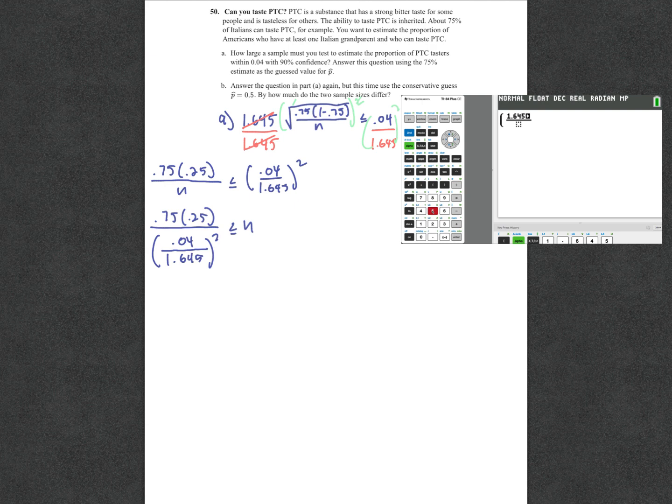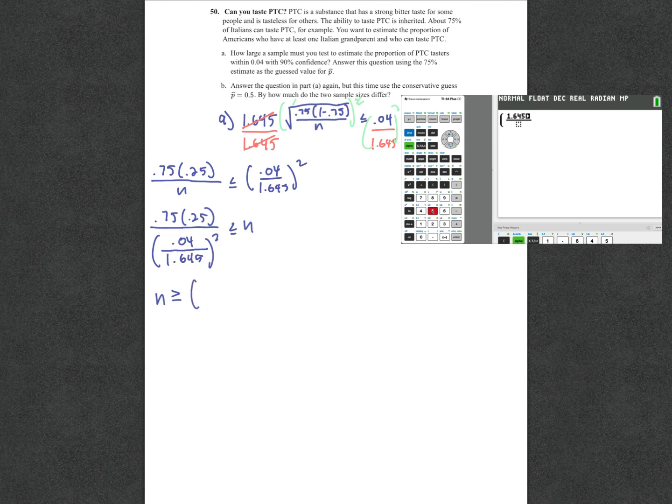And then another way to write this is, there's like not much room. It's so weird, so annoying, but so this is kind of keep, change, flip, where you're dividing by a fraction. I know it's squared, but you're still dividing by a fraction, and you can times by the reciprocal squared also. So first off, I'm going to write the n first, n is greater than or equal to this, which is this flipped.